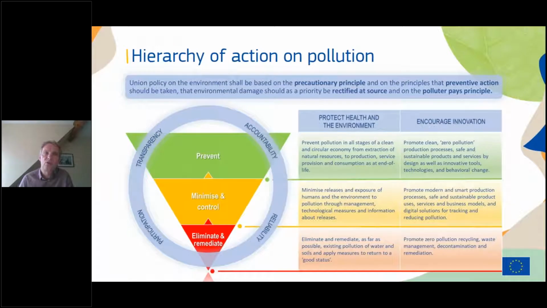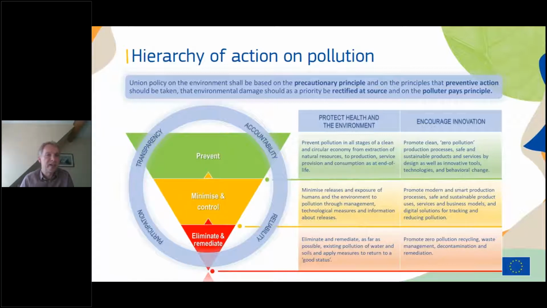Something that we want to really emphasize as part of the zero pollution ambition is that our actions need to follow a certain hierarchy. We start with, as much as possible, preventing pollution from occurring at all. The next step, and less preferred evidently, is the minimization and the control, say the minimization at the level of agriculture, or at the level of industrial installations or wastewater treatment.